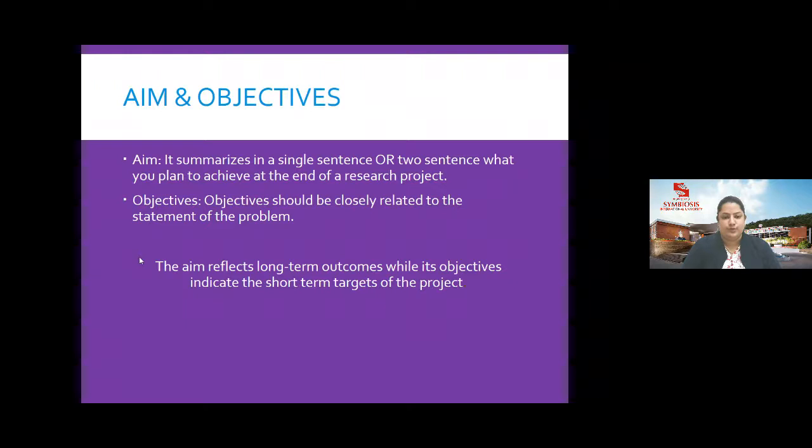You can make a list of keywords or the special words that you wish to search in your literature. Search for relevant and authentic sources like PubMed or databases that are globally accepted.